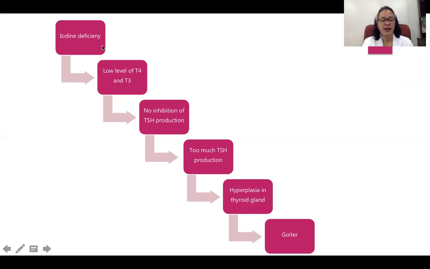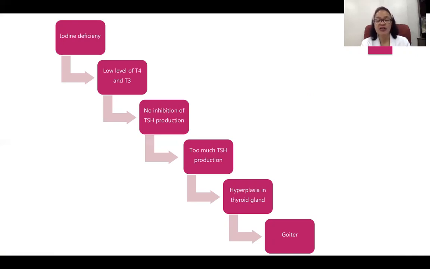Iodine is, of course, very necessary for the secretion of your thyroid hormones T4 and T3, and the amount of TSH secreted by the anterior pituitary is regulated by a negative feedback loop. So if the amount of T3 and T4 gets high, then the TSH secretion will be decreased.